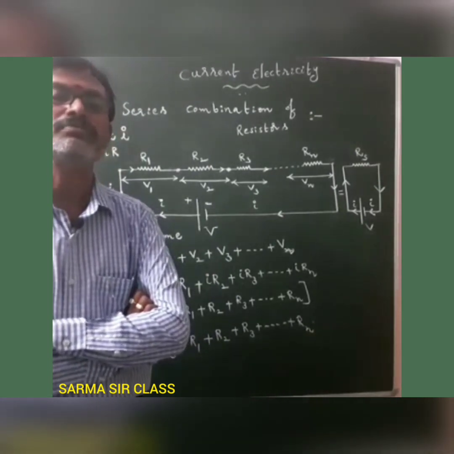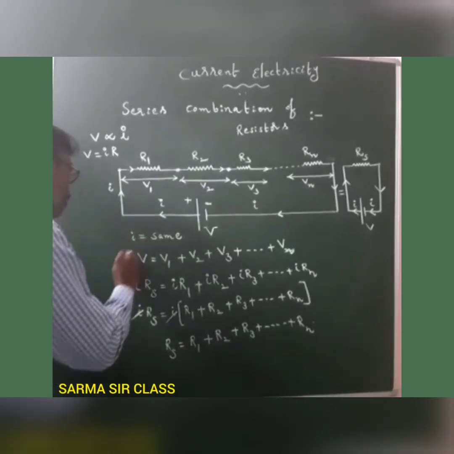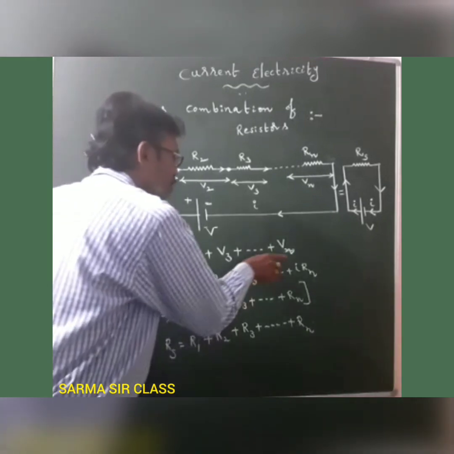Okay. Third point. Write this one: V is equal to V1 plus V2 plus V3 plus and so on plus Vn.